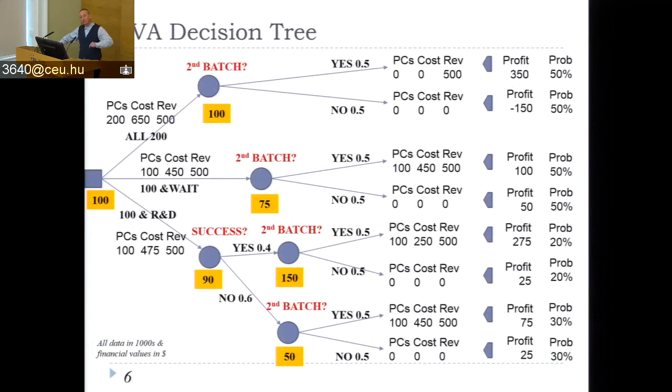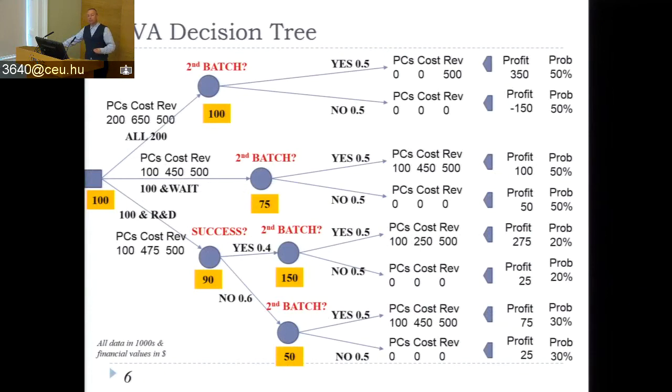The second decision tree with the information gave me 200,000. So the actual value of this piece of information is exactly $100,000. This is a definition.